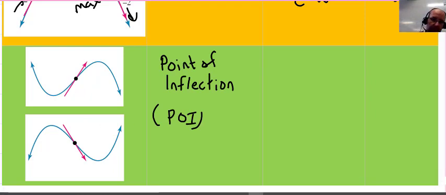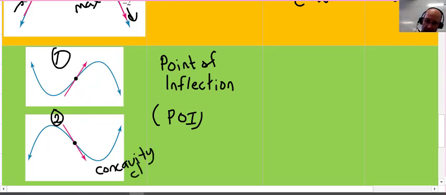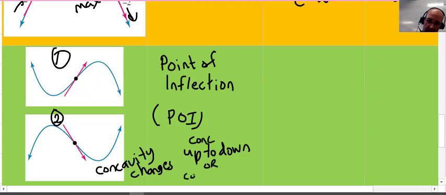Now, one of the big features is that as you go along, so this is phase 1 here and the same curve phase 2 here, it's very important that we can see that the concavity changes. That's important. The concavity changes, so it goes from concave up to concave down, or concave down to concave up. It could be either. So that's a key feature of a point of inflection.